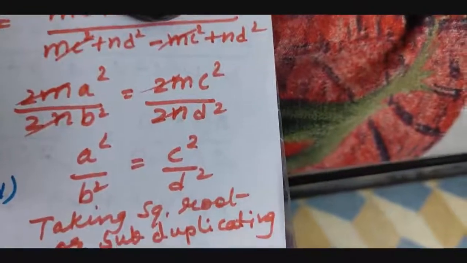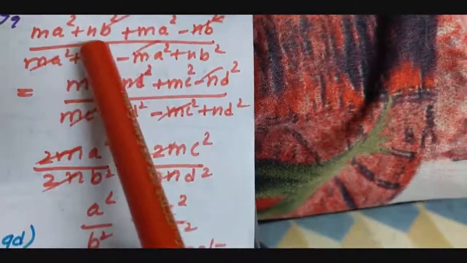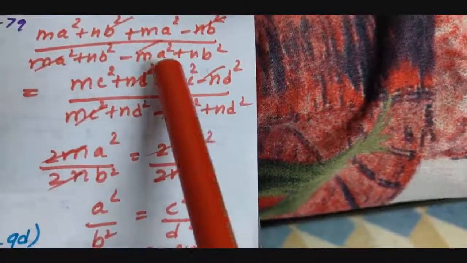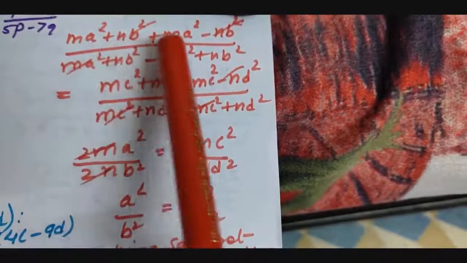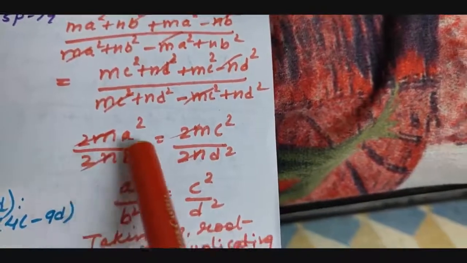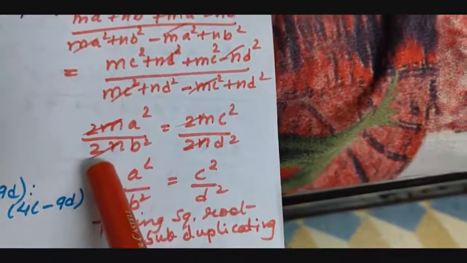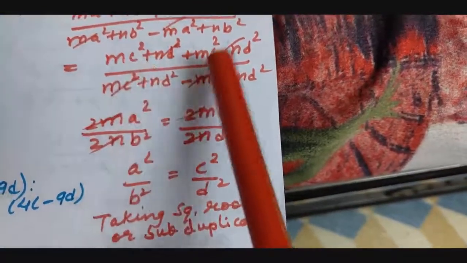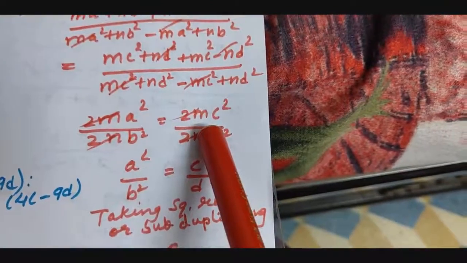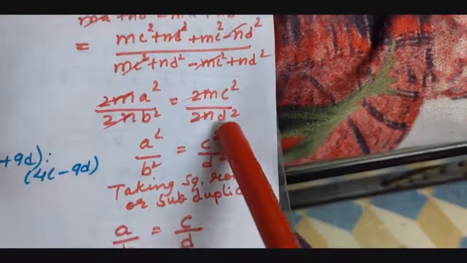So we get, whatever cancellations you have to cancel, the same terms with different sign cancel. And ma² plus ma² becomes 2ma², nb² plus nb² becomes 2nb², is equal to mc² plus mc² is 2mc² and nd² plus nd² is 2nd².